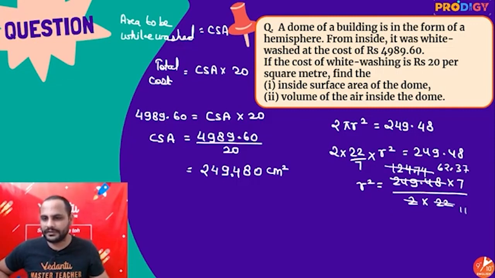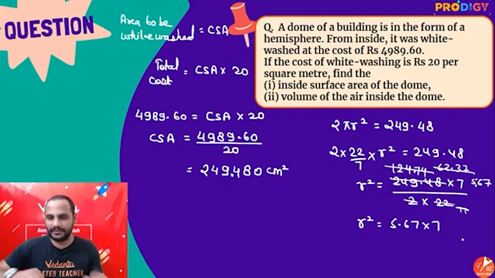I think we'll cancel it with 11. 11 5s are 55, then 6 are 66. Yes, it will go. So r square is 5.67 into 7.